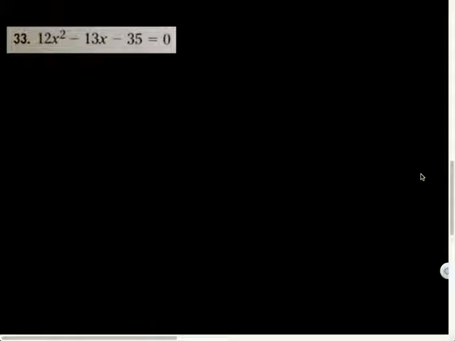Let's move the old C term to the other side, add 35 to both sides. And we will get 12x squared minus 13x blank equals 35 blank.